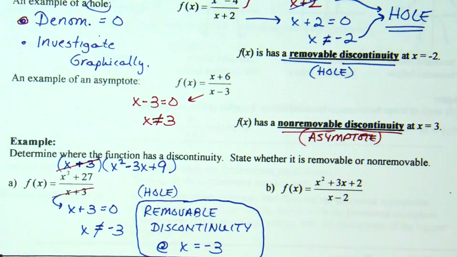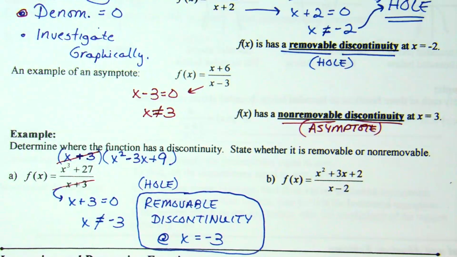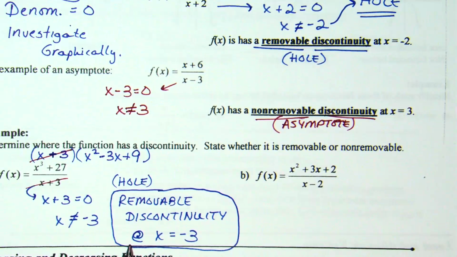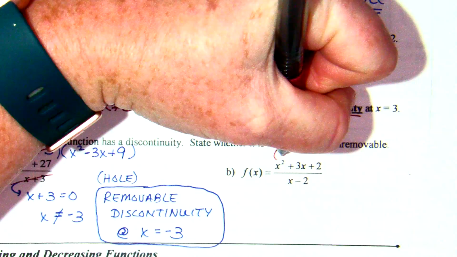Sorry, that one's hard for me to spell. At x equals negative 3. So we answered the question, where does it have a discontinuity? And that discontinuity was at negative 3. And then we also stated that it is removable. Okay, real quick. If we looked at the graph, you may or may not be able to even see that break in the graph because it's a hole.